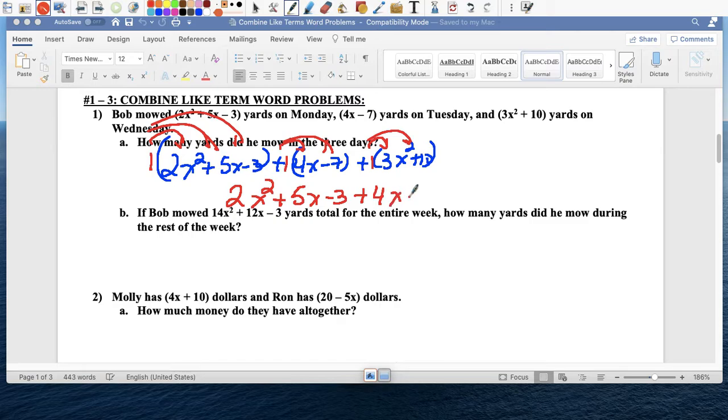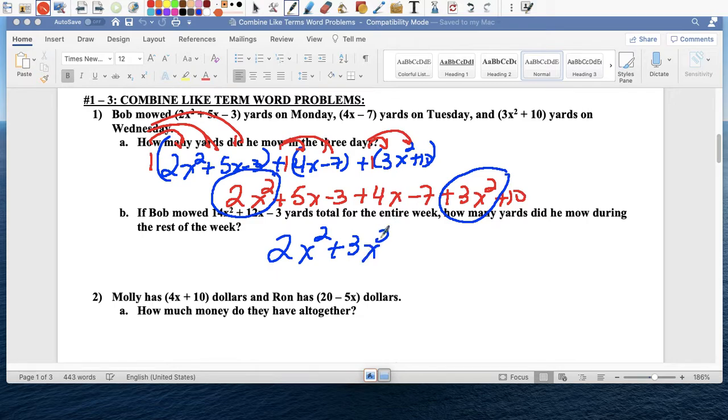So 4x minus 7 plus 3x squared plus 10. Now that all the parentheses are removed, I can add the like terms. Do colors, do squares, whatever it is. All the 3x's with the 3x's. So I'm going to write 2x squared plus 3x squared. Now x's, there's a 5x and a 4x, so plus 5x plus 4x.